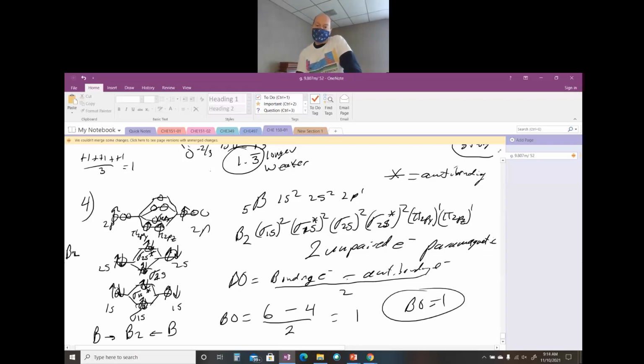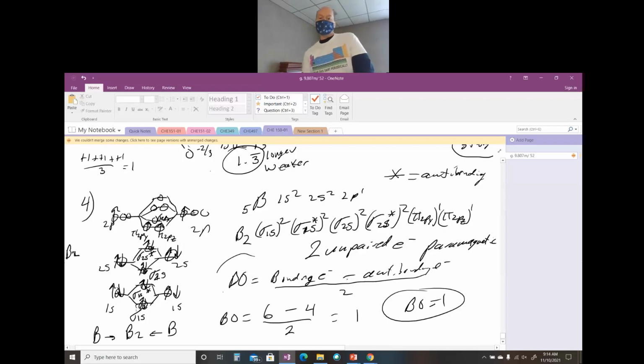All right, so I do it a different way, but that way is fine. I see that I have 2 electrons down here. That's a bond, and I have an antibond. A bond will get subtracted by the antibond, so net is 0. A bond and antibond, again, net is 0. Then I know that an electron is a half a bond and then another half a bond, and my bond order is 1.